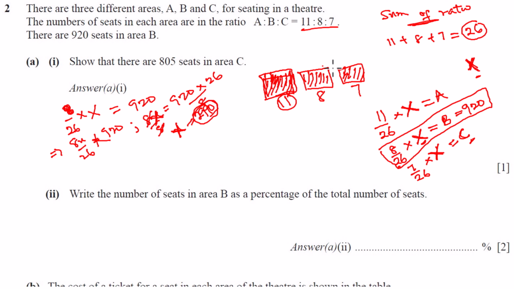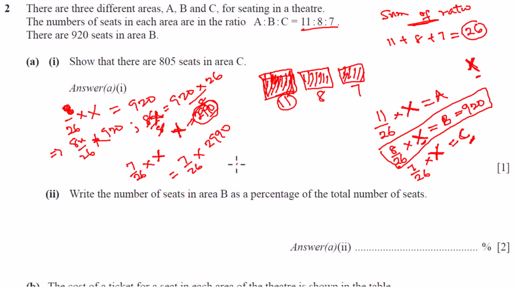Then we can now say for C, since that is the question we have been asked to solve for, which is 7, so we use 7 over 26 times what we got for X now, which is now going to be 7 over 26 times 2990. This must give us 805.